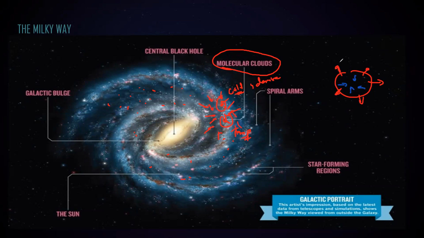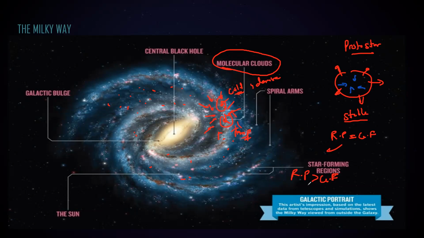So that is the birth of the protostar. This protostar becomes stable when the radiation pressure equals the gravitational force. But if the radiation pressure is more than the gravitational force, what will happen?